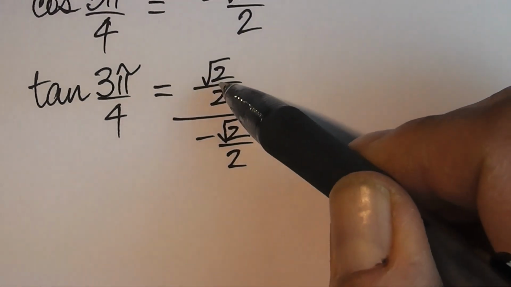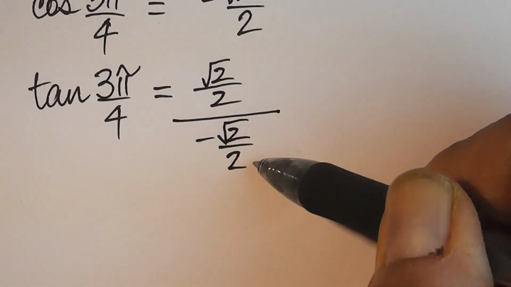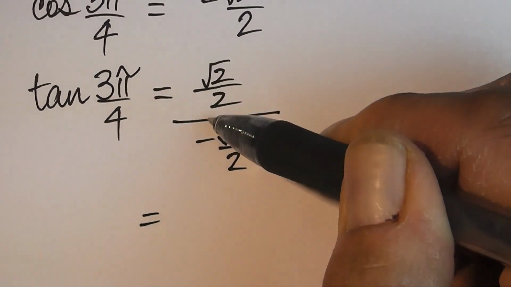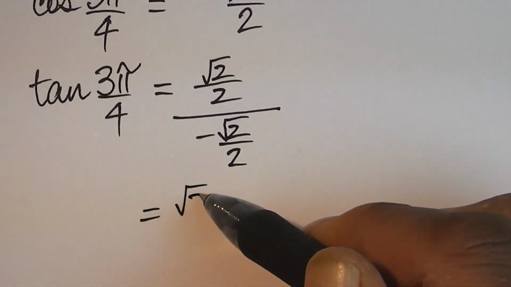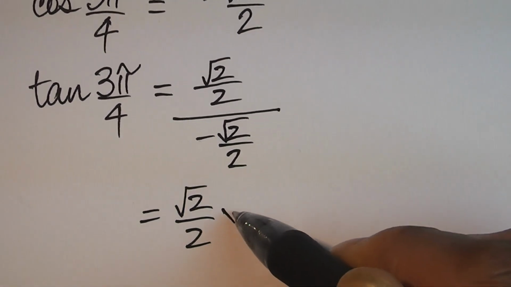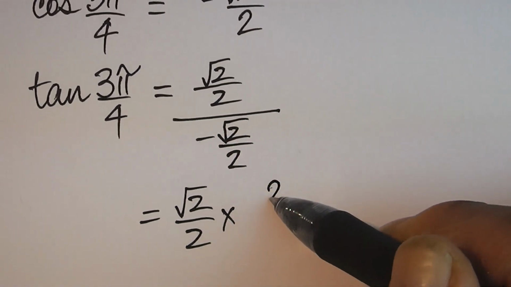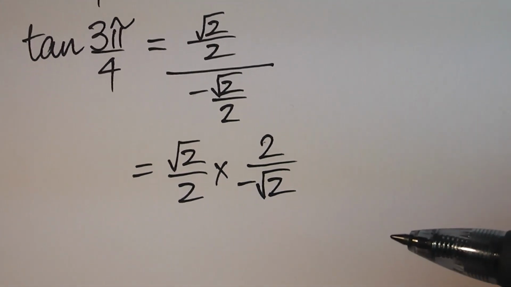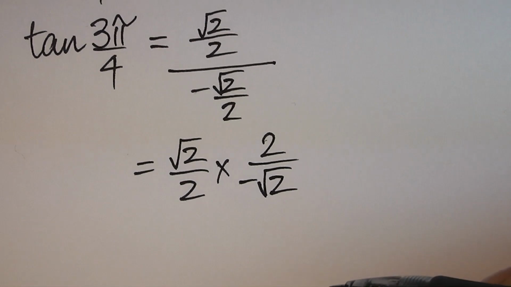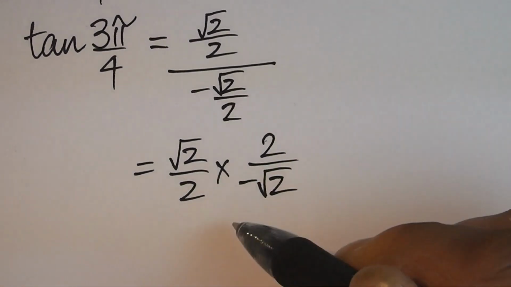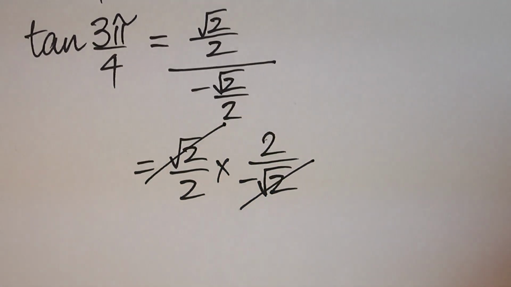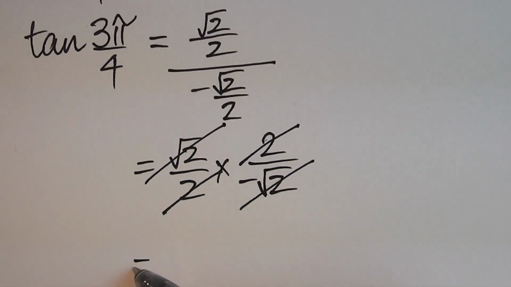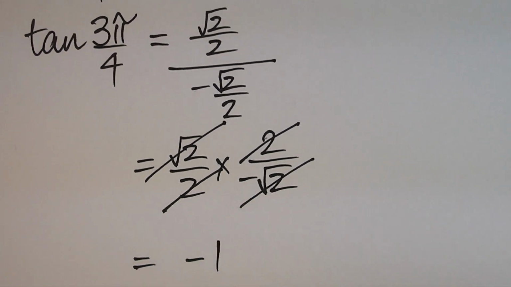The easy way is the same quantity divided by its negative is just negative 1. But if you need a refresher on your fraction multiplication and division, it's the top fraction multiplied by the bottom fraction flipped over. So that cancels, and you get negative 1.